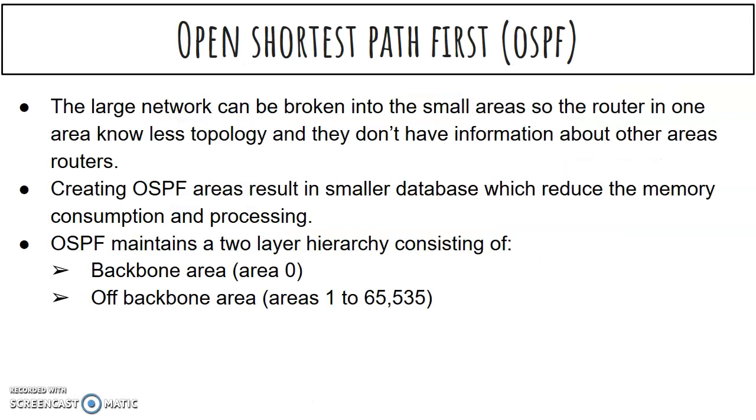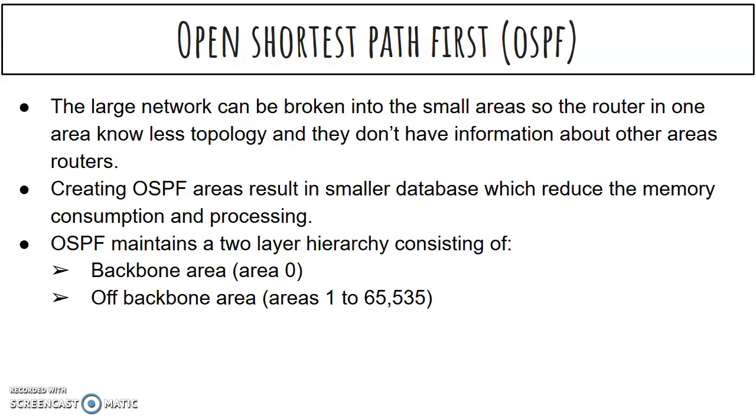And then there is the Open Shortest Path First algorithm. So what happens is that if there is a large network, then we can break down that large network into smaller areas, so that the router in one area knows less topology, like it doesn't have to handle a lot of nodes and a big network.